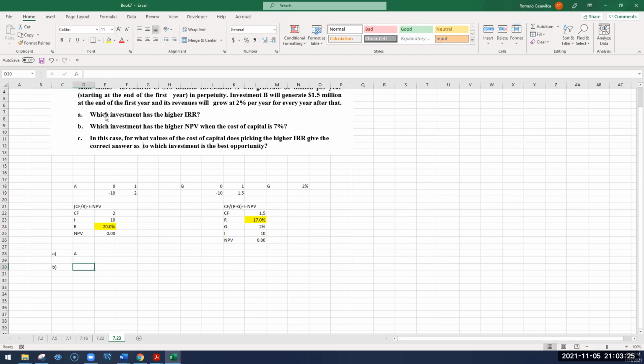And on B, they ask which investment has the highest NPV. So you have to compare the NPV, assuming 7%.